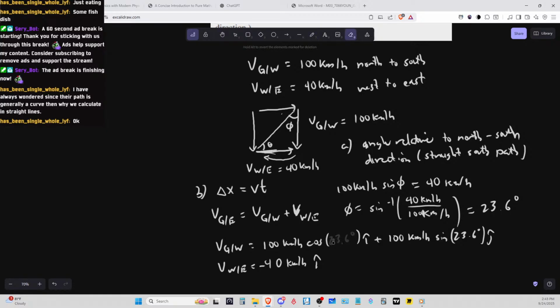So let's just erase this for now. And yeah, because we want this to be 40 so that this is canceled out, and then this just maintains this direction. So I think it is cosine.